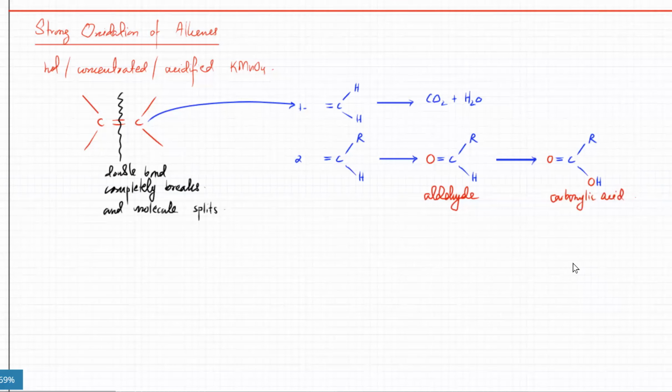And then carboxylic acid. And then you have a third scenario. The third scenario is that the double bonded carbon atom had two carbon chains attached to it.